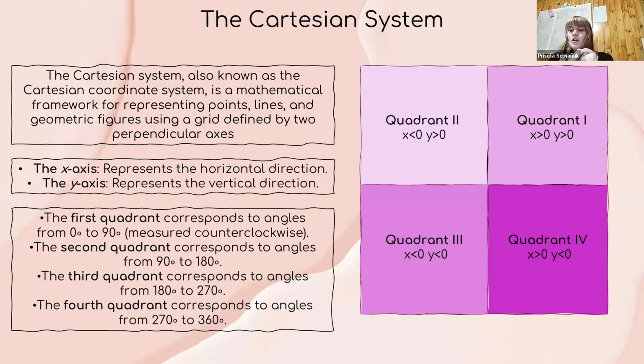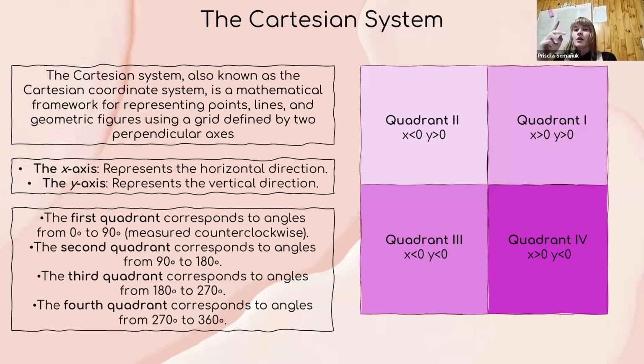Now, we tend to count things clockwise. So we may think, well, the first quadrant is here, so the second one will be here, but no. The second quadrant is behind the first quadrant, in which x takes values that are negative, so from 0 to minus infinity, and y goes from 0 to positive infinity, okay?